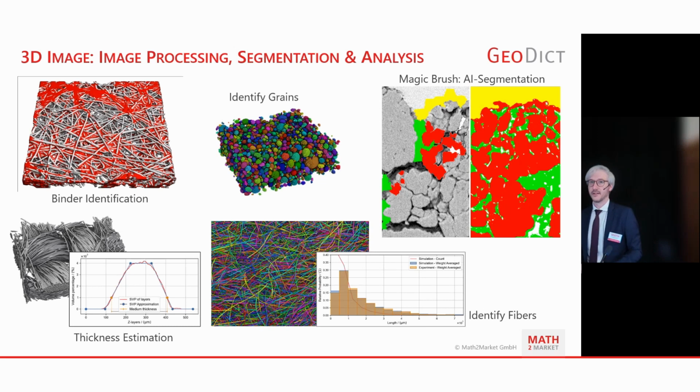This can only be done digitally. So what we see here, to really simulate or retrieve the fiber length distribution in a non-woven material is really a unique possibility which digital material design delivers to you.